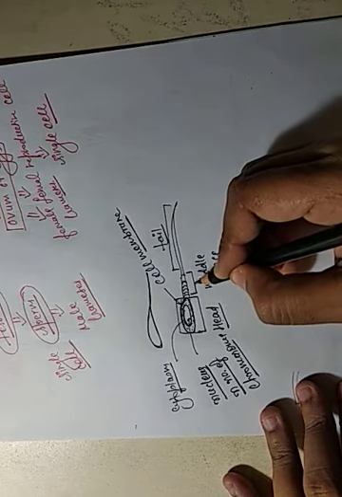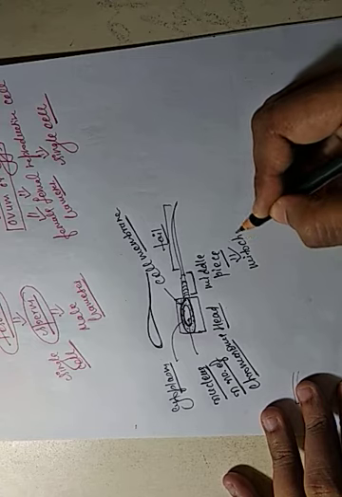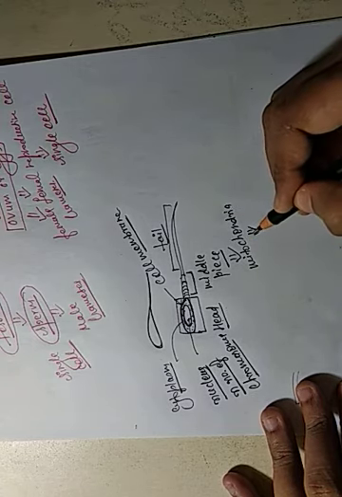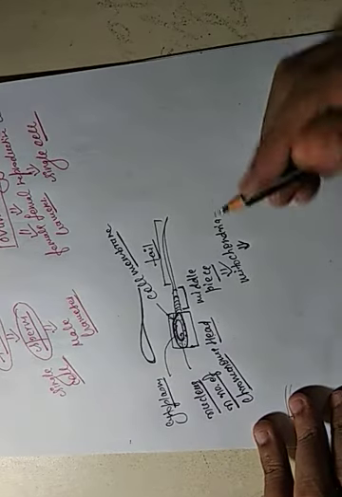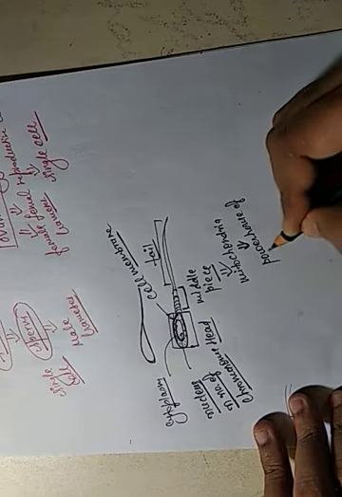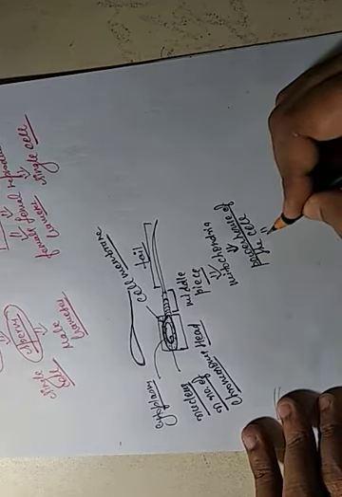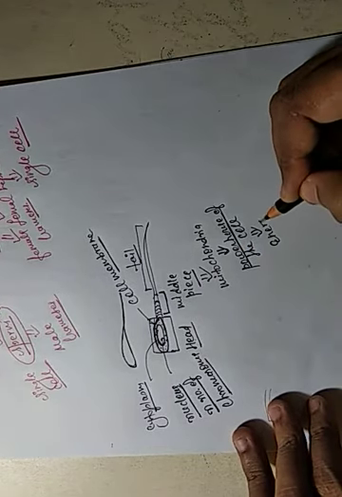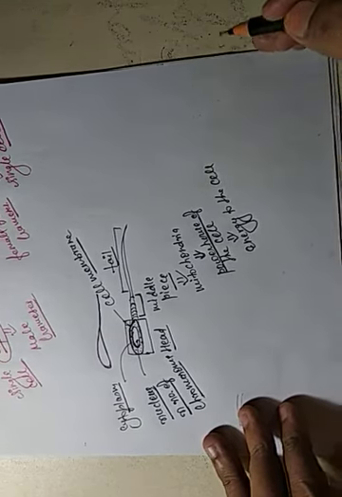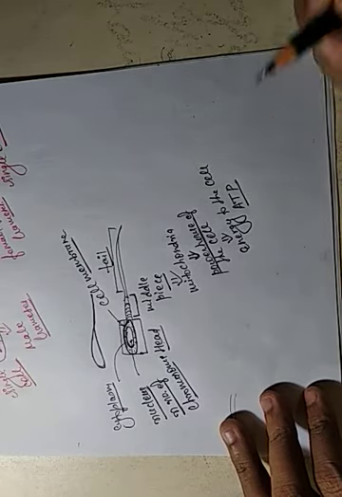This middle piece contains mitochondria. You already learned in class 9th that mitochondria is called the powerhouse of the cell because it provides energy to the cell, in the form of ATP.